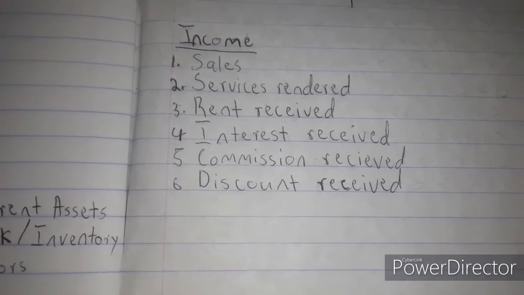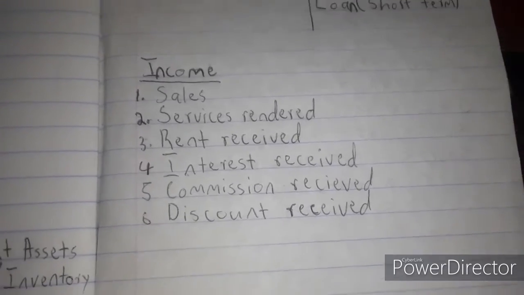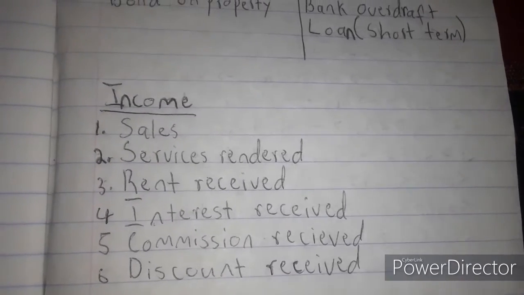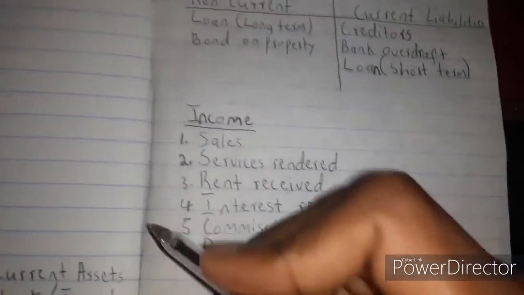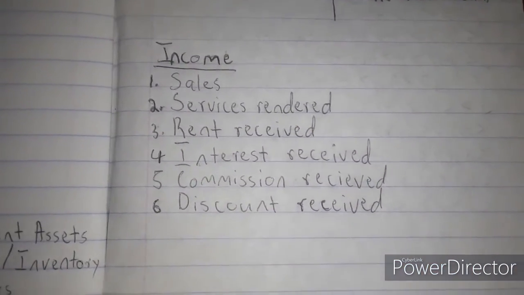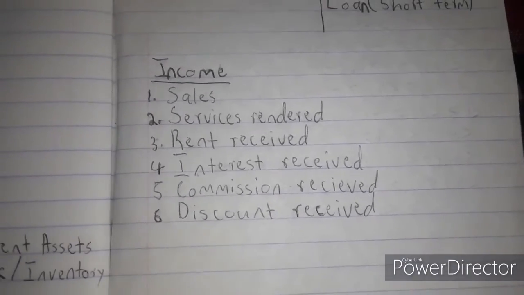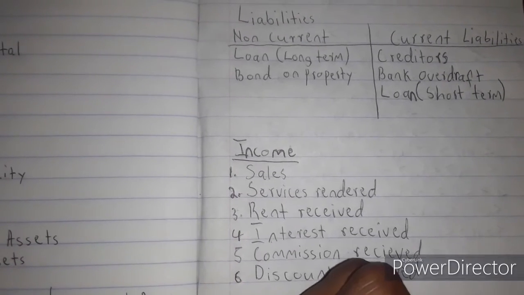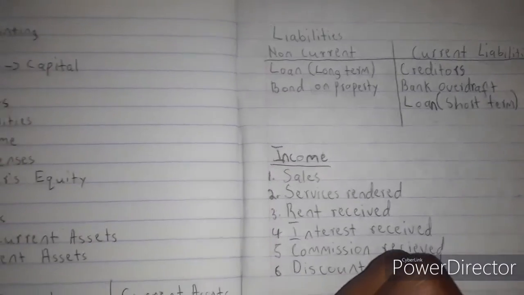Maybe we paid earlier, so the creditors decide to offer the business a discount. So those are income.